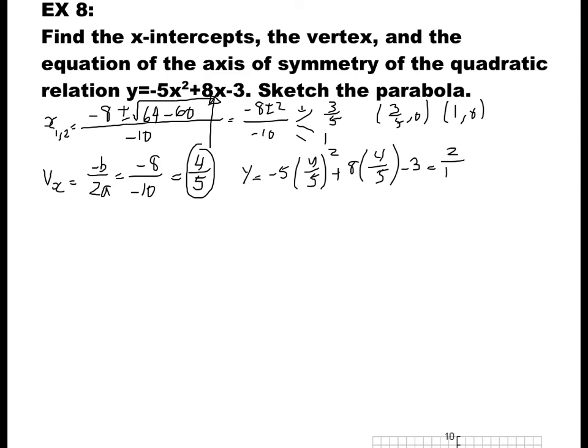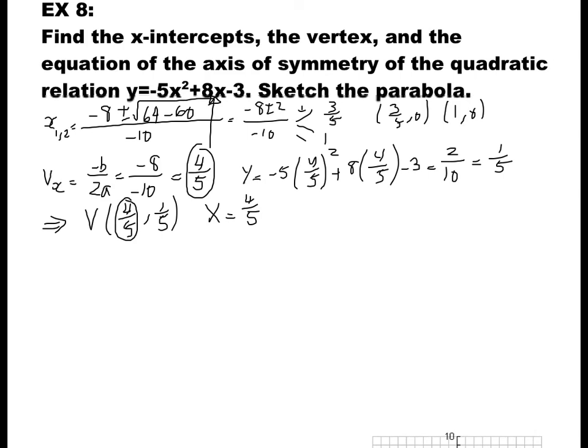The final answer becomes 2 over 10. So the vertex has the coordinates 4 over 5 and 2 over 10, which is really 1 over 5. So these are the coordinates of the vertex. The equation of the axis of symmetry is just x equal to the x coordinate of the vertex, which is 4 over 5.